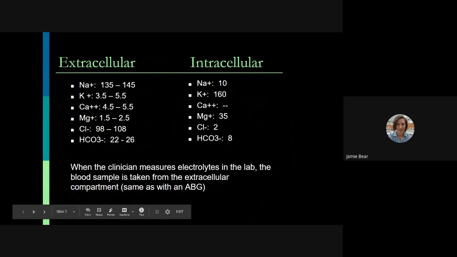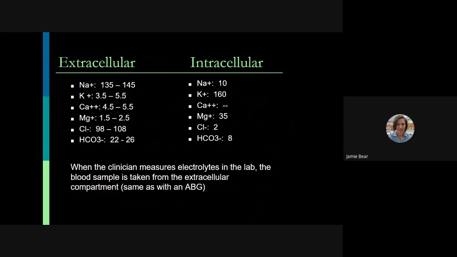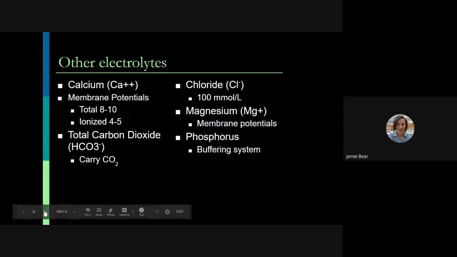In the extracellular fluid compartments, which is where we measure electrolytes and arterial blood gases, we can see that sodium is our main cation, and chloride and bicarbonate are our main anions.